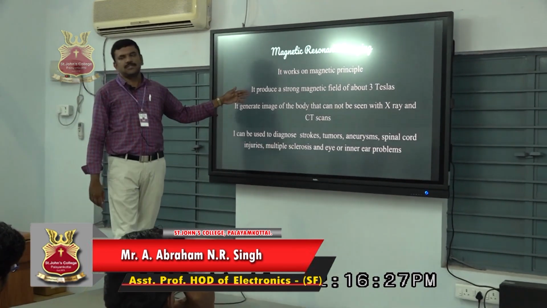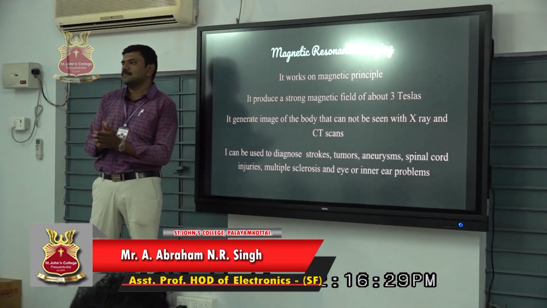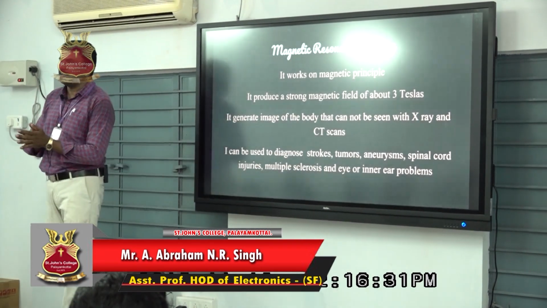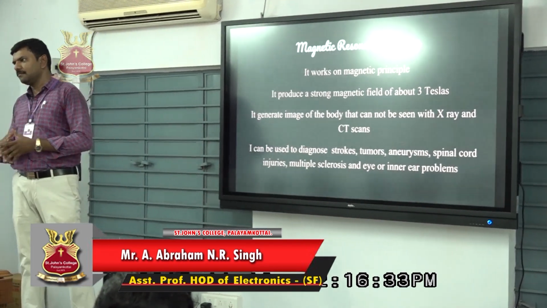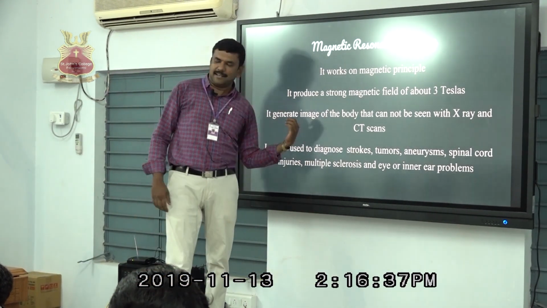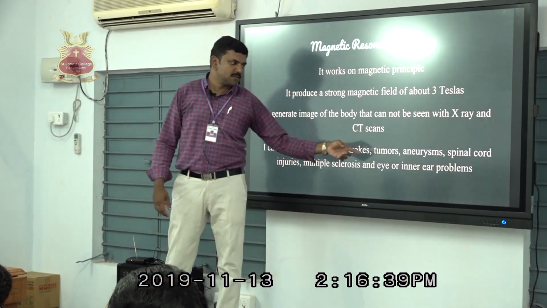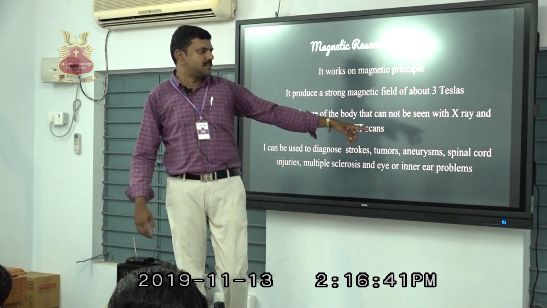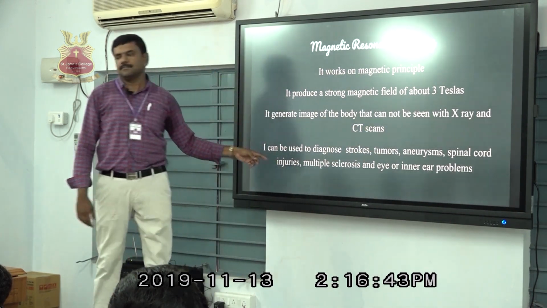And it is used to generate an image which has the magnetic behavior in our body. Most of the scanning diagnosing methods are strokes, tumors, anomalies, and spinal cord injuries.